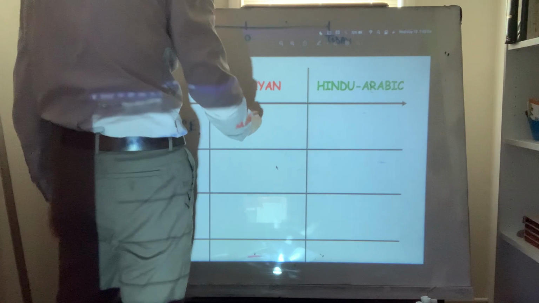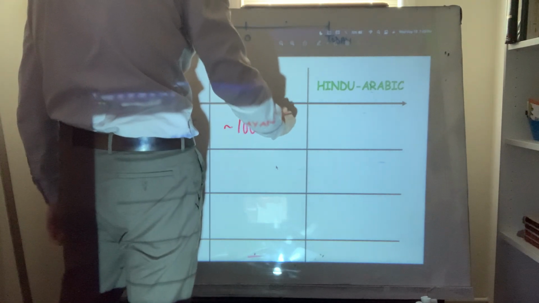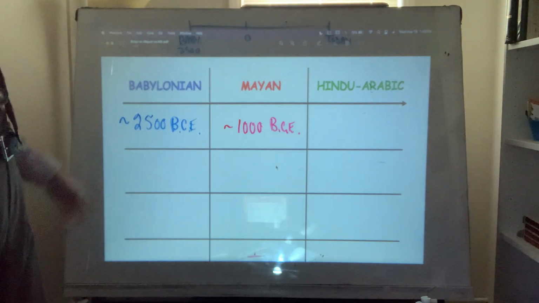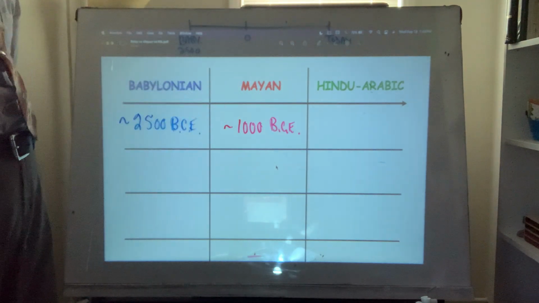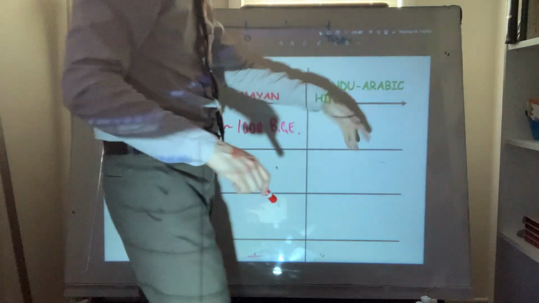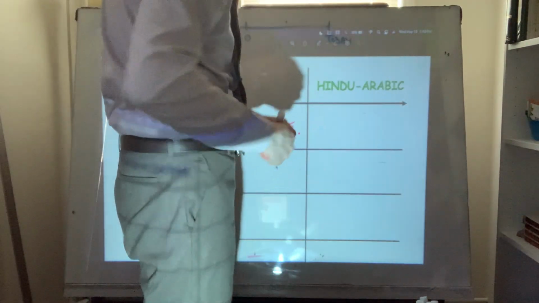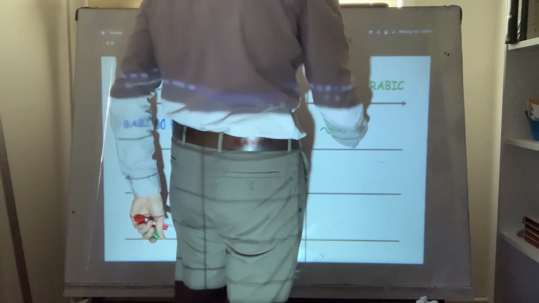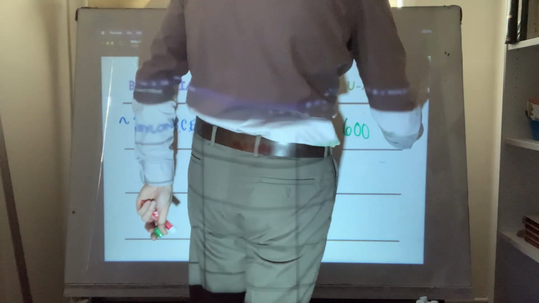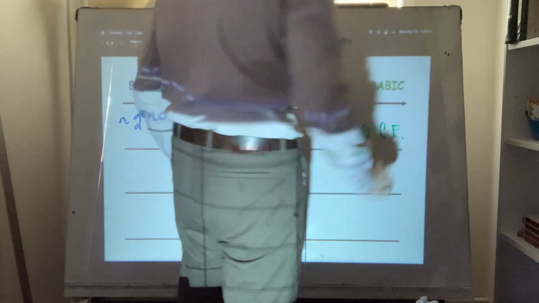This is about 1000 BCE, before the Common Era, which is the way that we're tending to write BC nowadays, just to be respectful. Hindu-Arabic, the system that we use, is the baby here, 600 CE.